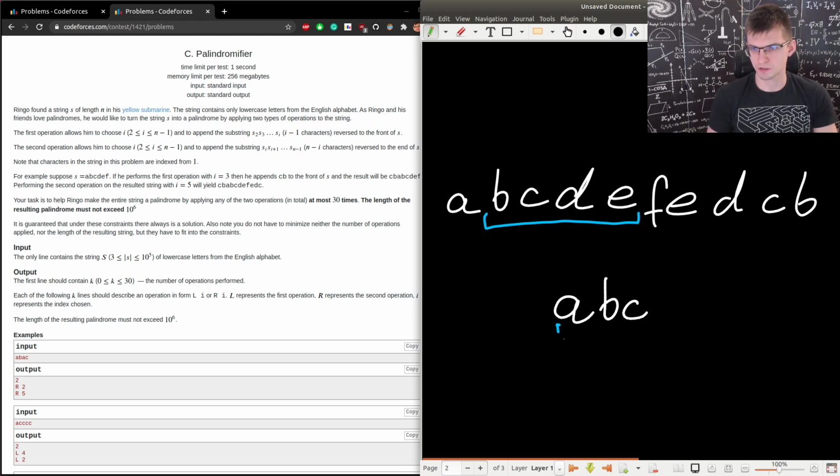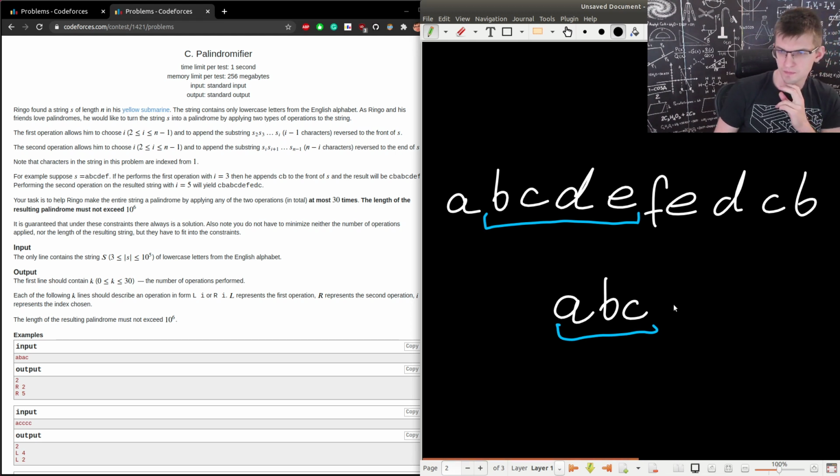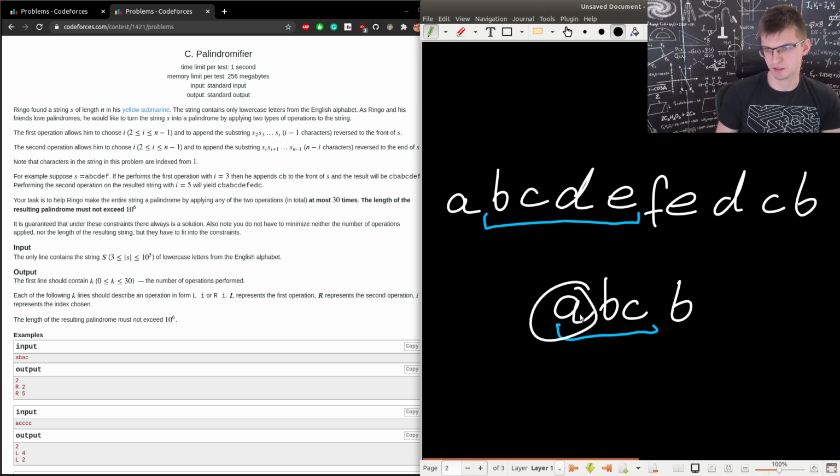This is a starting string. Put B. I could put here C or CB. Doesn't help as long as there is A here.